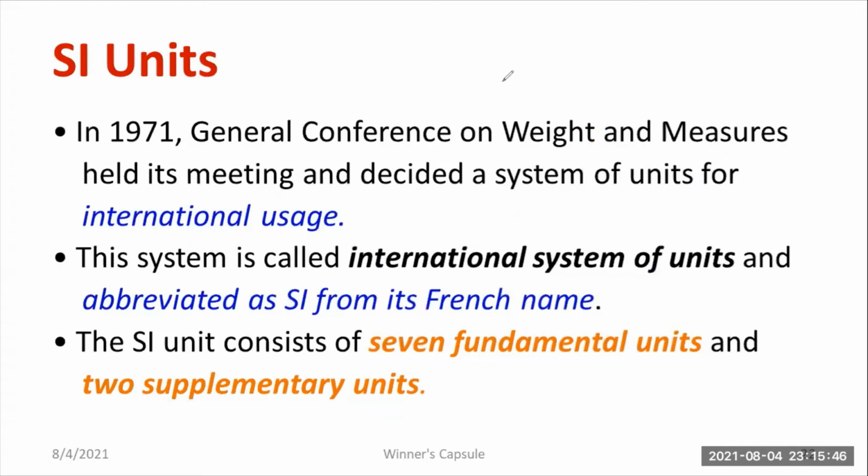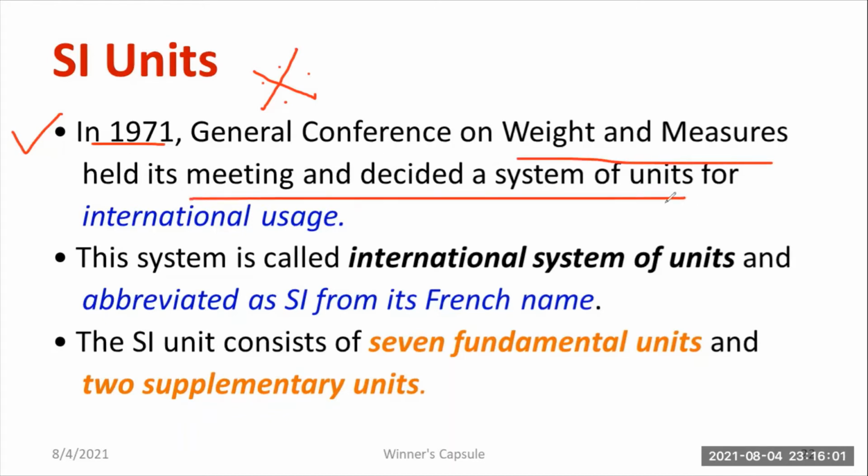Next is very, very important. Ultimately, we are using SI units, which are internationally accepted. In the year 1971, the General Conference on Weights and Measures held its meeting and decided on a system of units for international usage, because FPS mainly originated from Britain, and CGS and MKS from France, but we have to speak globally and consider things in general.